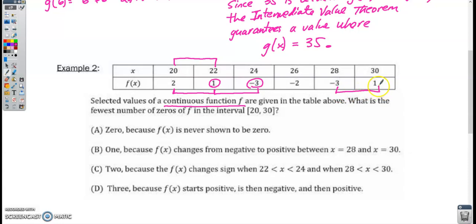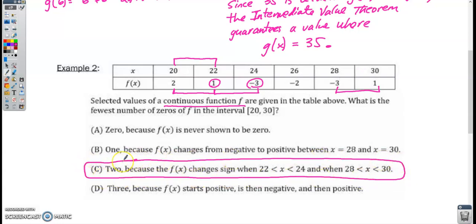I am guaranteed 1 from 28 to 30. So I'm guaranteed 2 because the function changes sign on those intervals. And since it changes sign, I'm guaranteed a 0 by the intermediate value theorem because 0 is in between a positive number and a negative number, no matter what those numbers are.